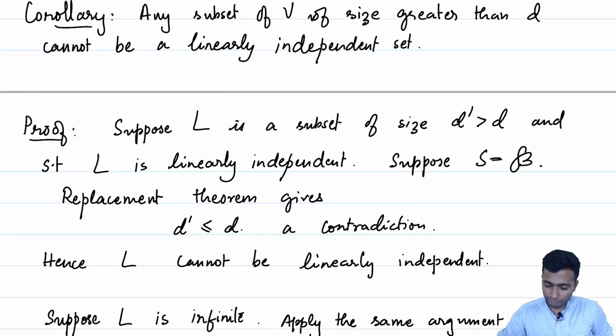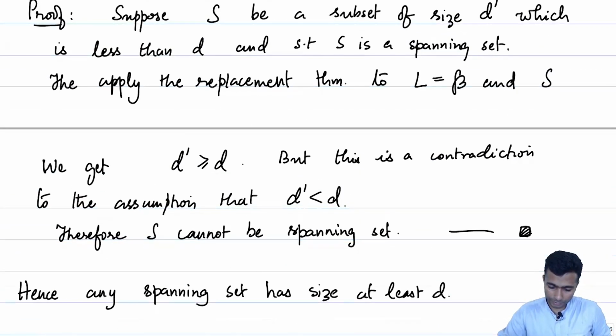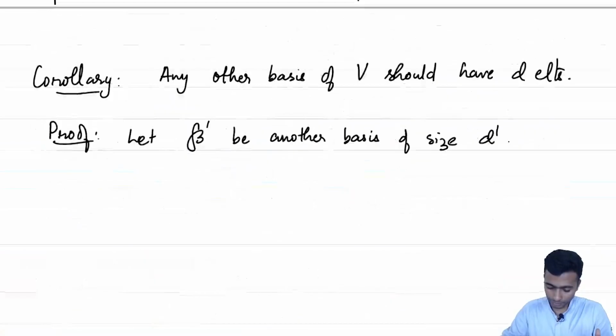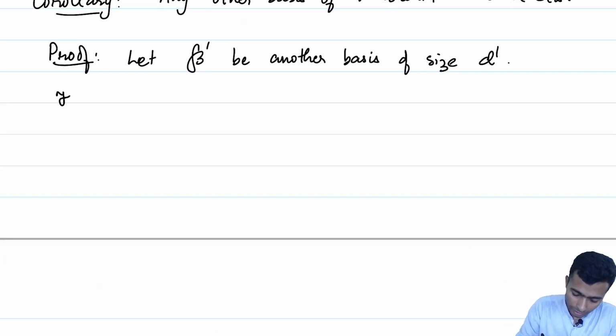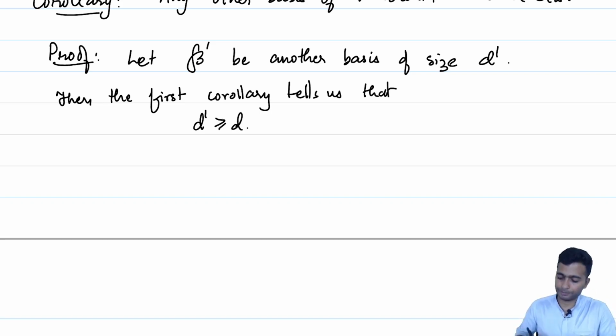Then corollary 1 tells us that any subset of size less than d cannot be a spanning set, but this is a spanning set, and therefore d prime should be greater than or equal to d.